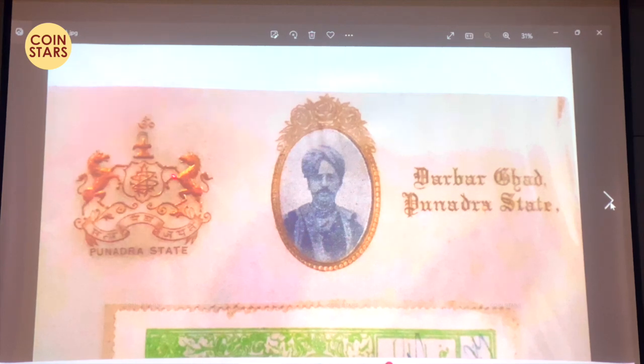And here you see this monogram. It is gold ink and quite high on the paper. One can feel it when you move your hand. Embossed.